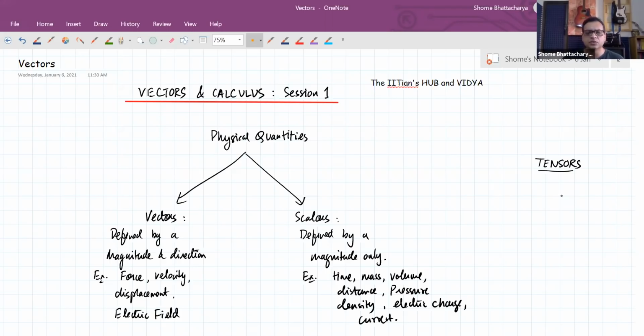However, sticking to our 10+2 level, it is enough to say that physical quantities will be categorized either as vectors or scalars. And these are the definitions of vectors and scalars.